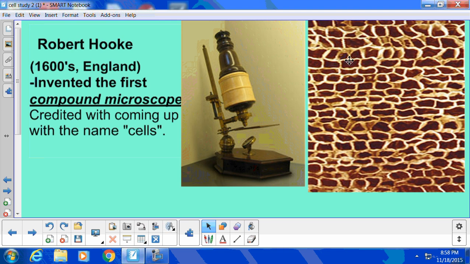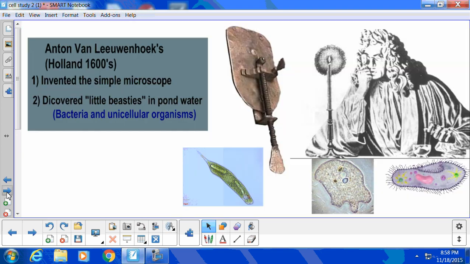Kind of think of a college dorm room, very small rooms, minus all the cool stuff that's in a college dorm room. And since it reminded him of those rooms the monks lived in, which were called cells at the time, he said, well, these structures, I will just give the name cells, and it sort of stuck. So Robert Hooke is credited with coming up with the first microscope and credited with the name cells.